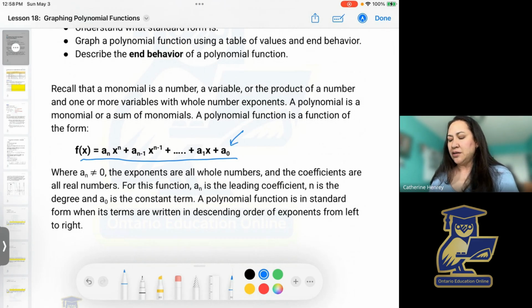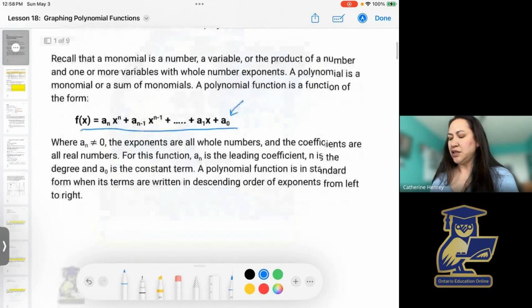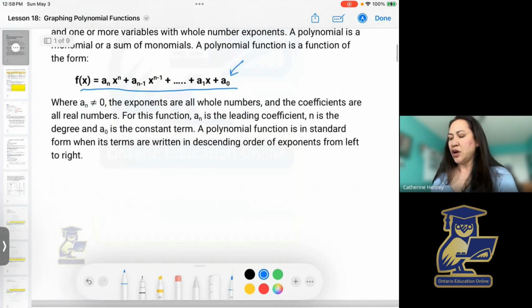So a_n is not equal to 0. The exponents are all whole numbers and the coefficients are all real numbers. For this function, a_n is the leading coefficient, n is the degree, and a naught is the constant term. A polynomial function is in standard form when its terms are written in descending order of exponents from left to right.